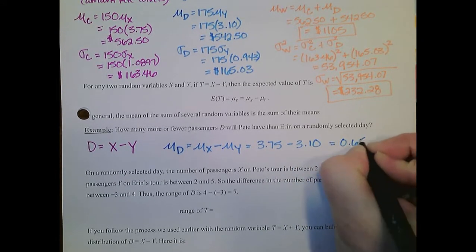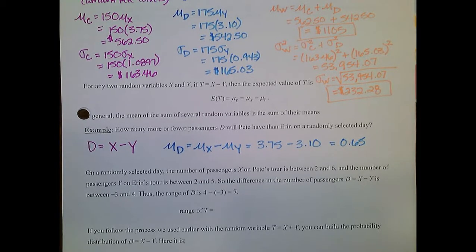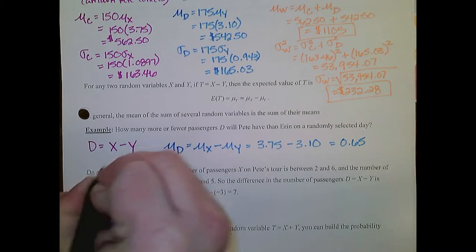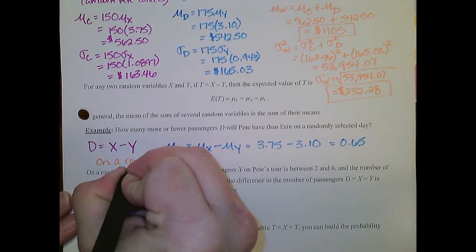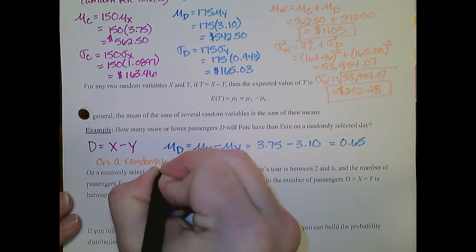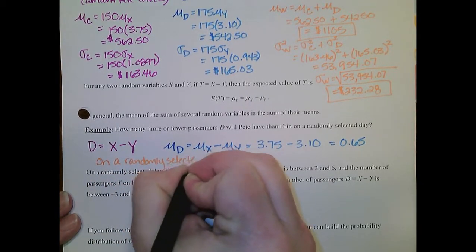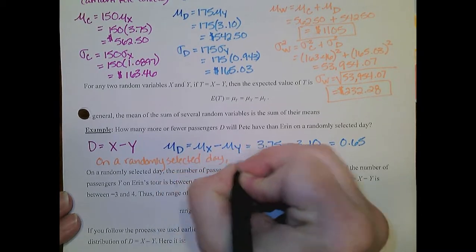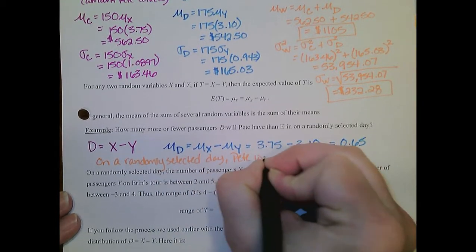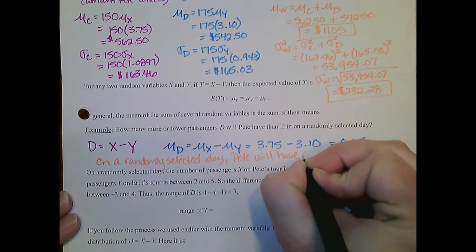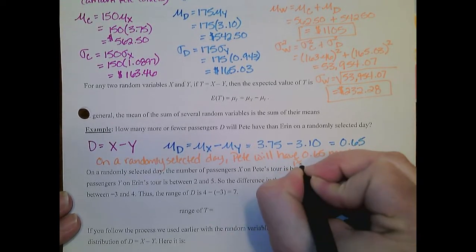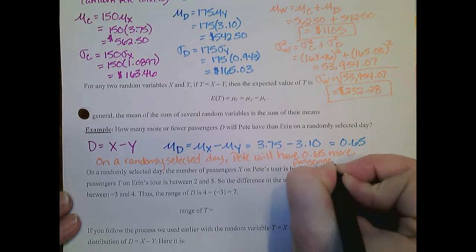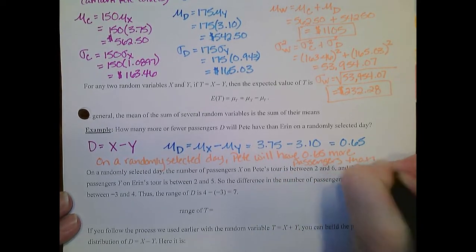In other words, what we're saying is that on average, or on a typical randomly selected day, Pete will have 0.65 more passengers than Aaron.